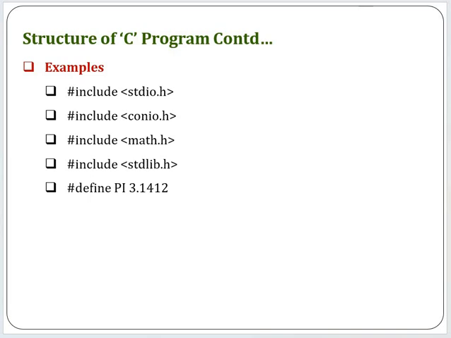This directive includes the standard library, which provides general purpose functions like malloc, free, rand, etc. And then #define PI 3.1412. This directive defines a macro named PI with the value 3.1412. Macros are used to create symbolic constants, making code more readable and maintainable.